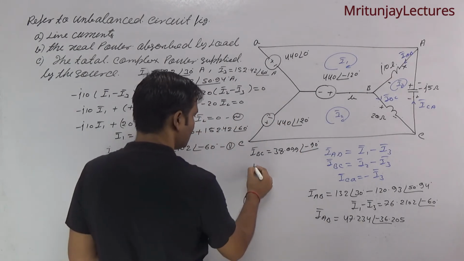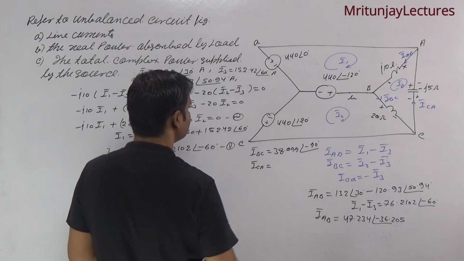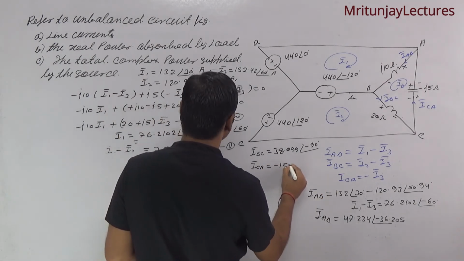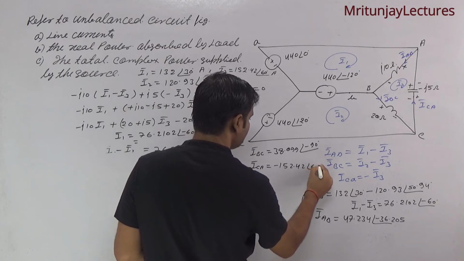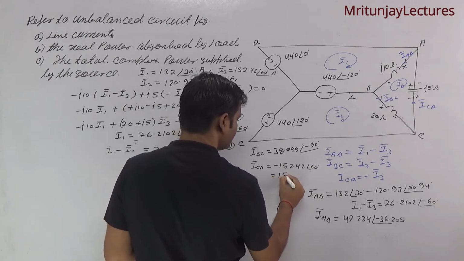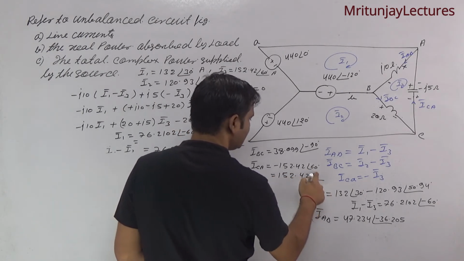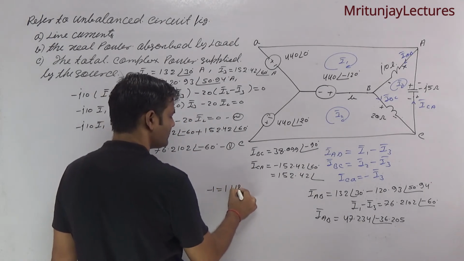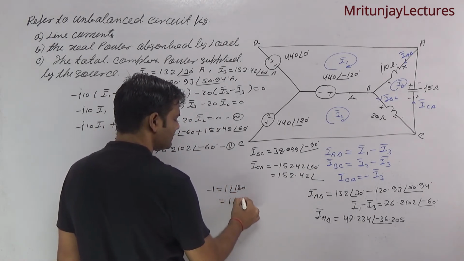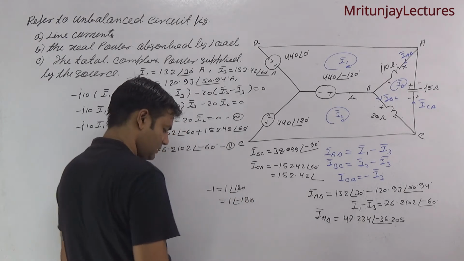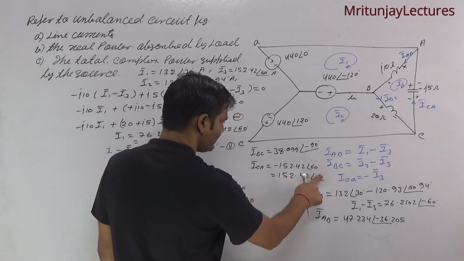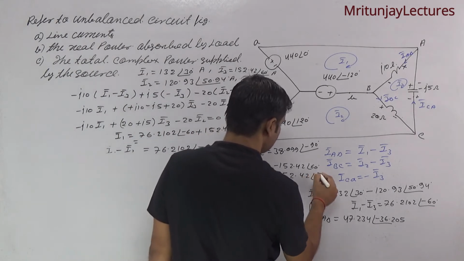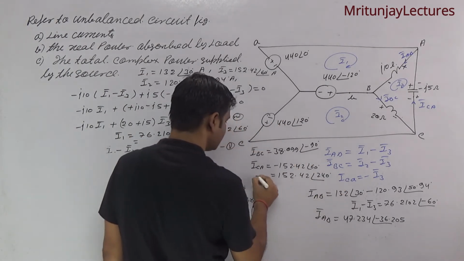What about ICA? ICA is minus of I3. We got 152.42 at the angle 60 degree, or you can say 152.42 at the angle 60 plus 180, or minus 180. If you put plus 180, then we got 240, that is ICA. Clear?